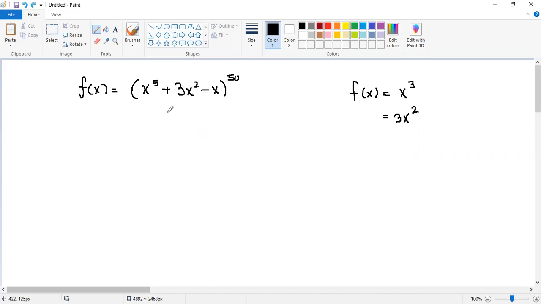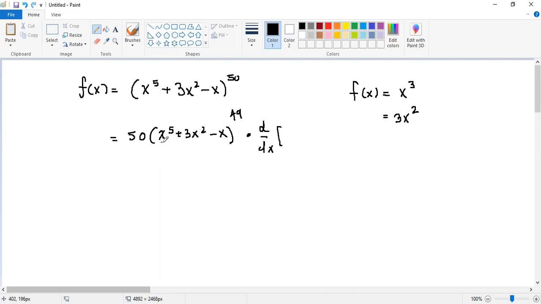of what is inside. So you bring this down, so that's 50, x to the fifth plus 3x squared minus x, and then you subtract 1 from the top, so you'd get 49. But then the difference is that you multiply by the derivative of whatever is inside.